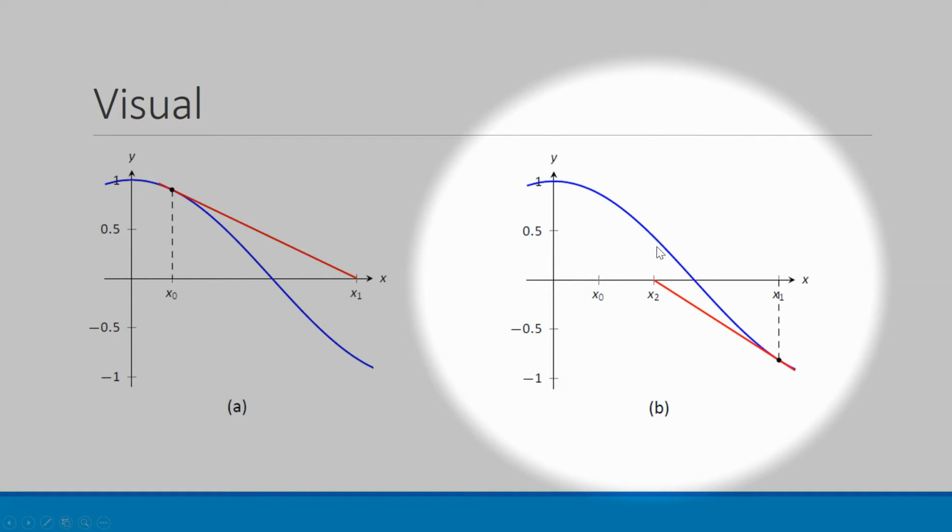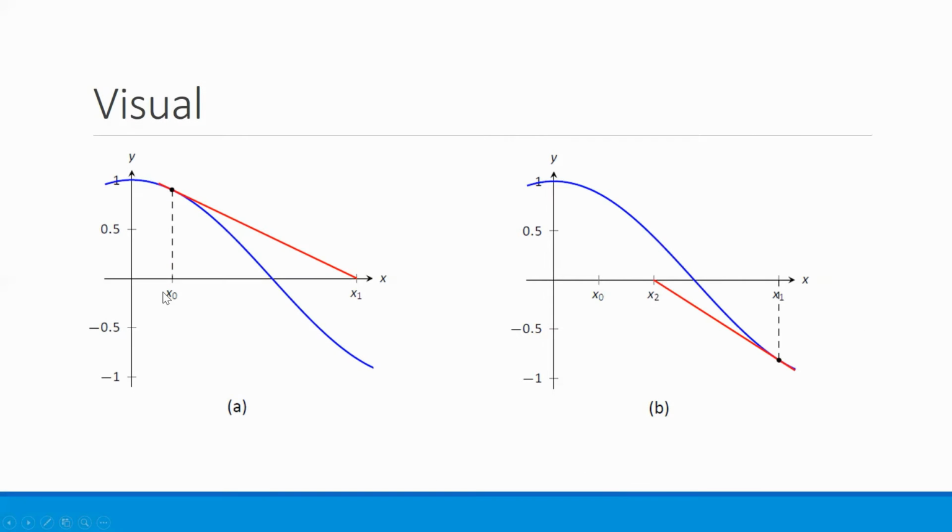And you keep going and going, doing that over and over again until you're satisfied with your approximation. So x0 is your first guess, x1 is your second guess, and so on and so forth. You can do that as many times as you want.